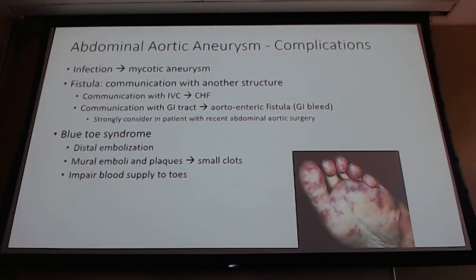Fistulas, right? If it's touching another surface, it has the ability to adhere and make a connection. So if you have communication from the aorta to the IVC, you're going to have a mismatch of the venous and arterial system, and you're going to put pressure on your heart and cause congestive heart failure.